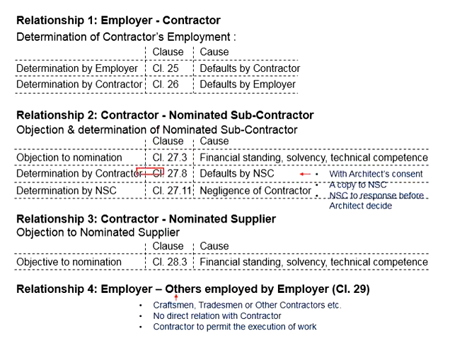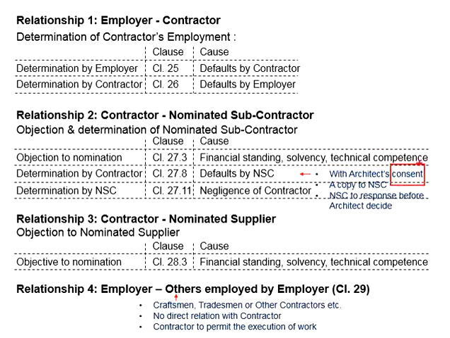Next, in clause 27.8, the contractor can actually determine the employment of this nominated subcontractor. This happens when this nominated subcontractor is in default. That means this nominated subcontractor is not delivering his obligations. However, in order to terminate the nominated subcontractor, this will require the consent of the architect.